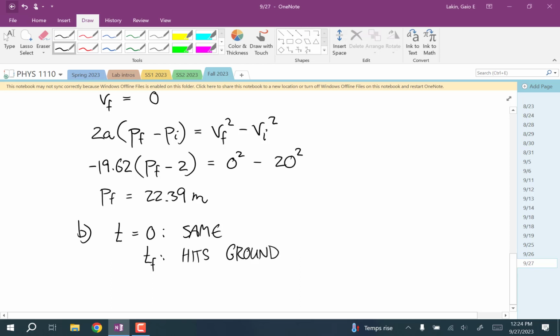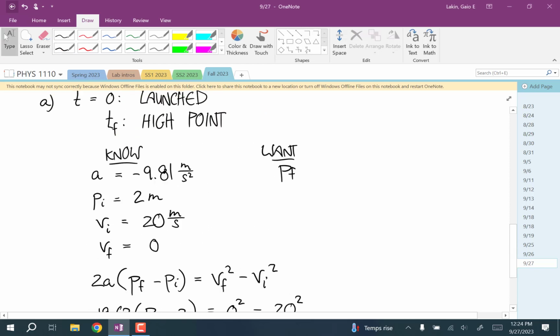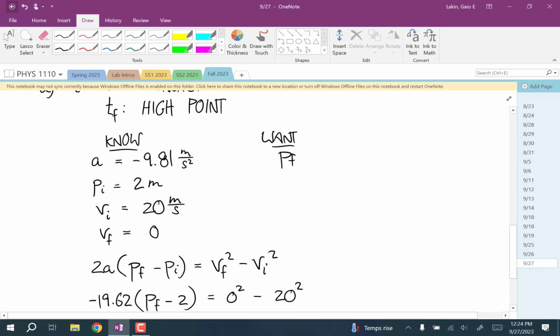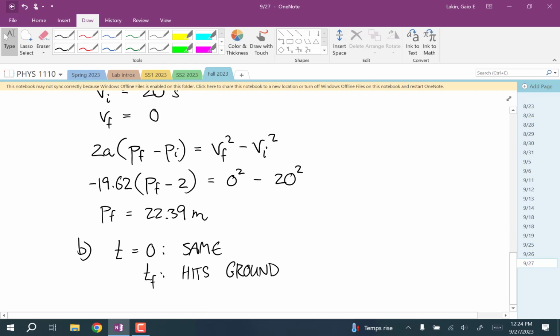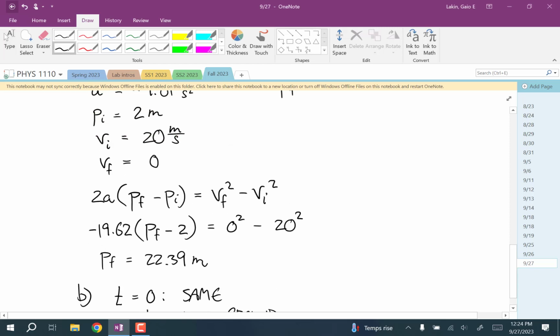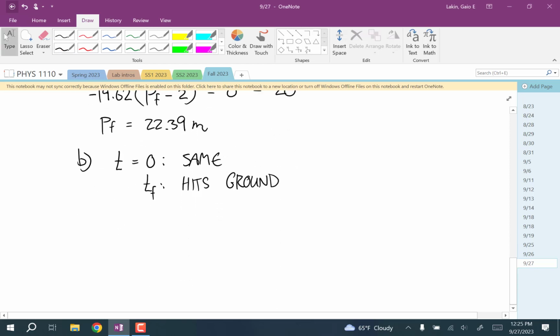And since we chose a different time final, we can't use any of the time final related information that we used in part A. If you use those, it'll mess up the problem. For example, a lot of people used either velocity final is equal to 0 for part B, or they used that the position is 22.39 for part B. You can't do either of those because we have a new instant that we're doing our calculations for.